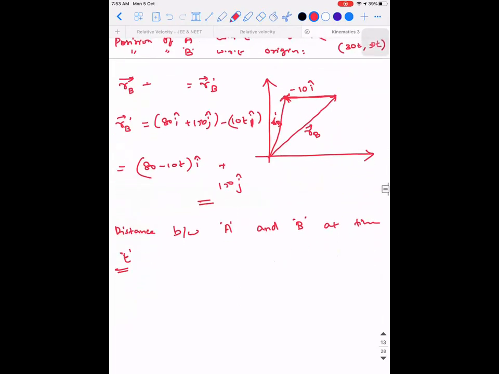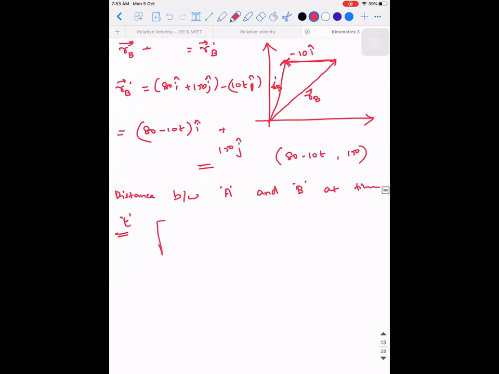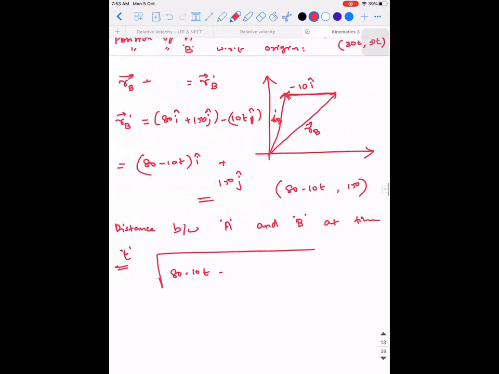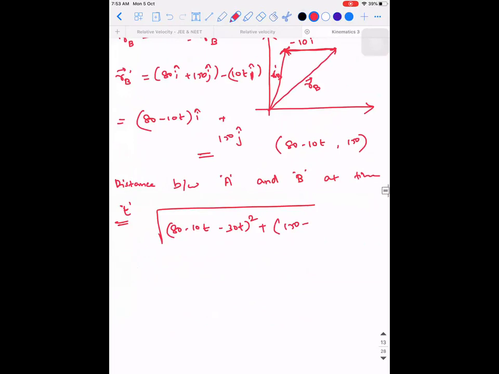What are the coordinates of B? It is 80 minus 10t, 150. If you know two coordinates, how will you find the distance between them? Root over x2 minus x1 whole square, that is 80 minus 10t minus 30t whole square, plus 150 minus 50t whole square.